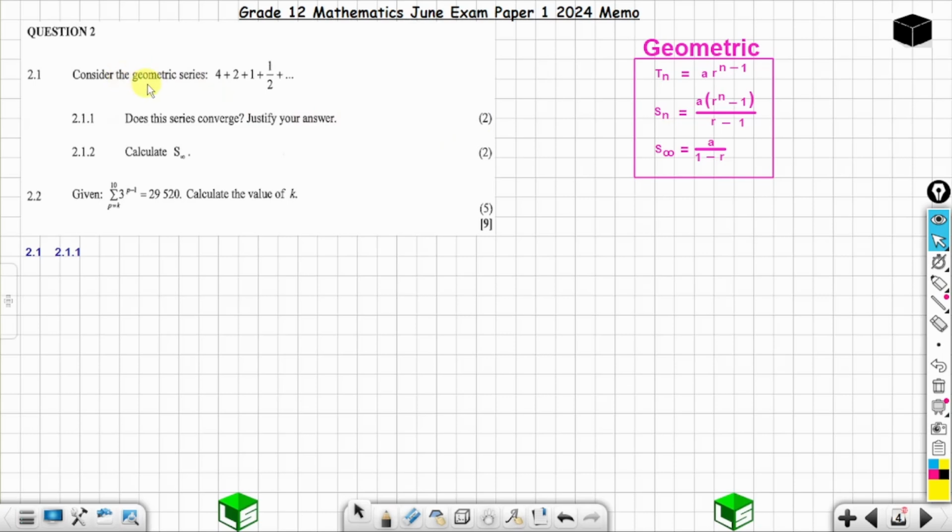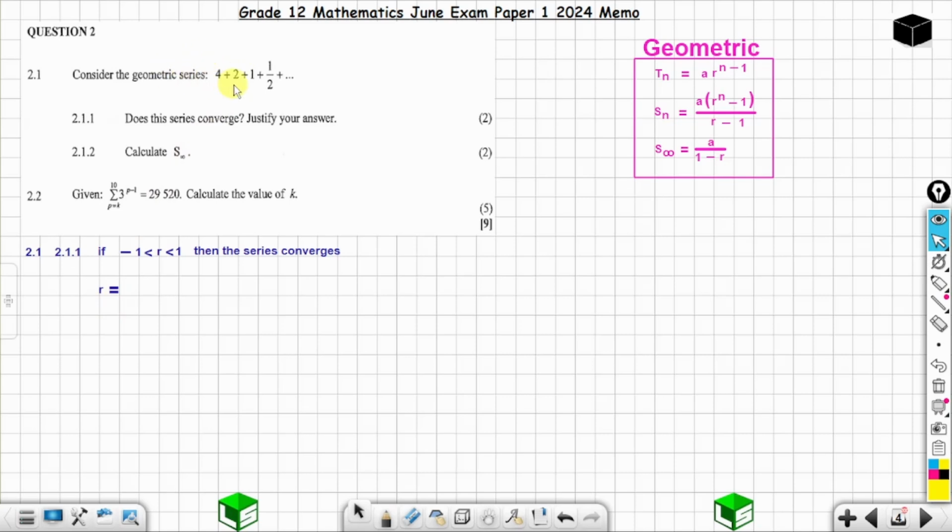So for a geometric series, if the common ratio is greater than -1 and less than 1, then the series converges. So we have to find the common ratio. To find the common ratio, always take the next term and divide by the previous term.